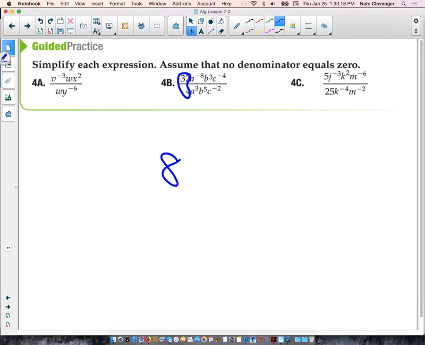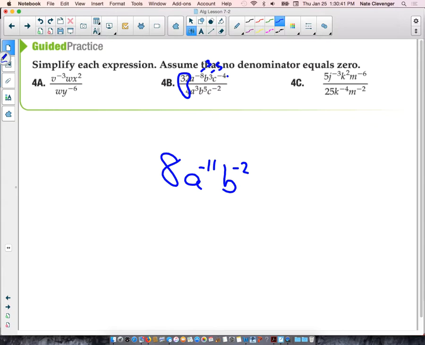Now I have an a to the -8 minus, what's the exponent on the bottom? 3. So you have -8 minus 3, which is -11. And then the 3 on top minus the 5 would be b to the -2nd.